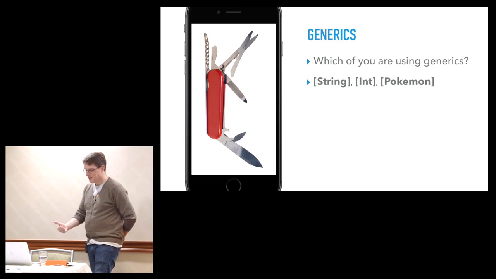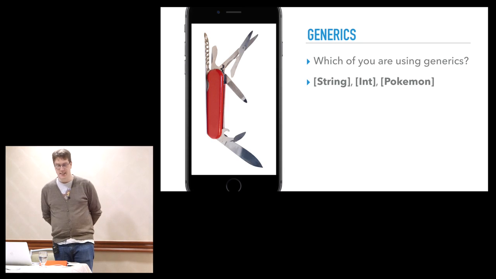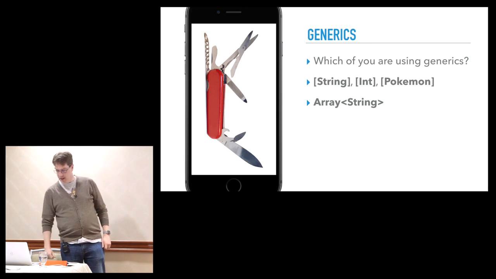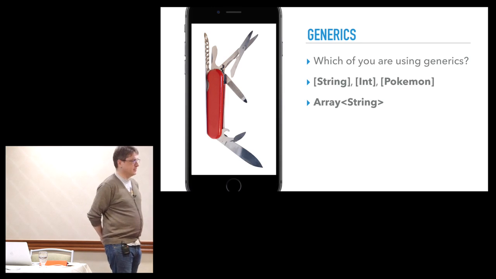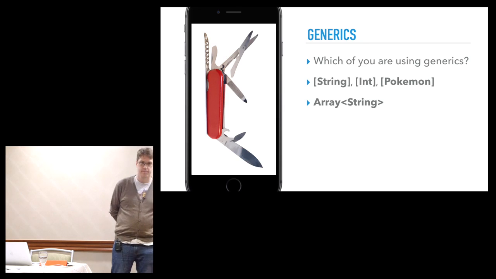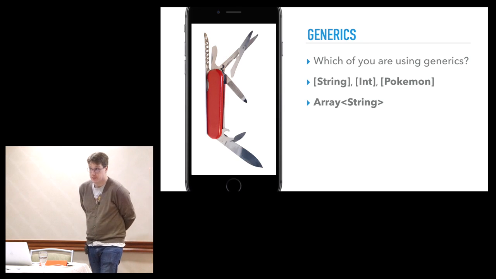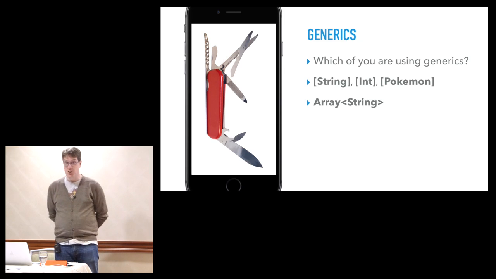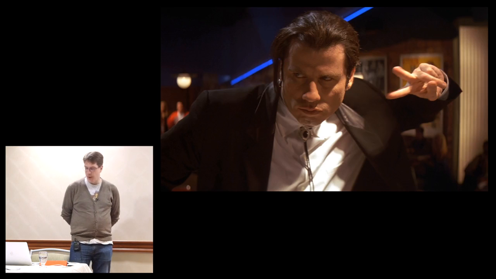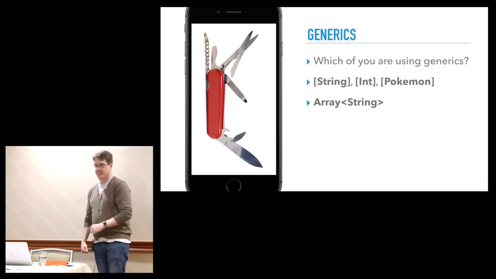You don't realize it because it's got fancy syntactic sugar, but string in brackets is really Array, angle brackets, String. Now, both work, but one is syntactic sugar for the other. And what it means is whenever you see these angle brackets, that's a sign there's generics here. Be on the guard.